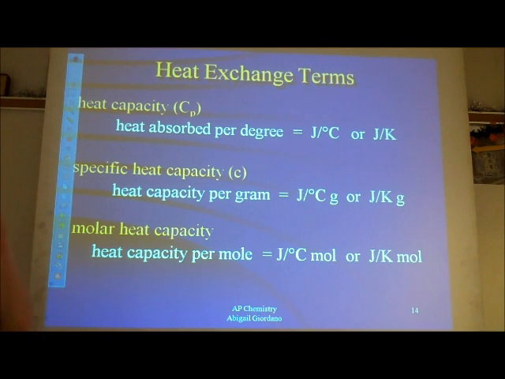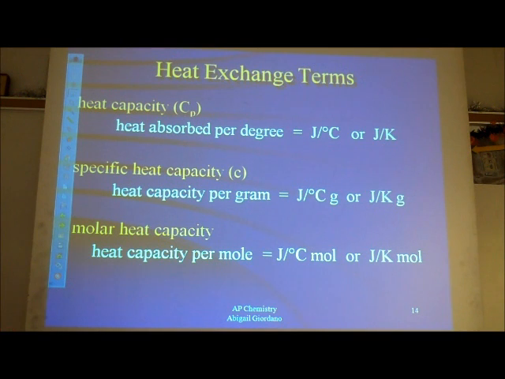Let me back up. Let's say I have 1 gram of water and 1 gram of solid iron. Same amounts. I'm going to tell you that it is easier to raise the temperature of the iron than the water.